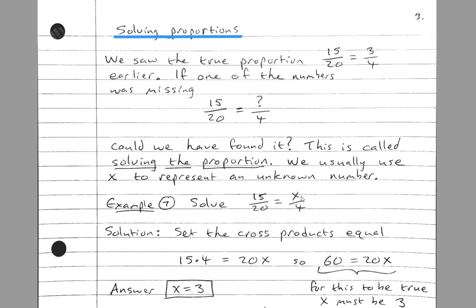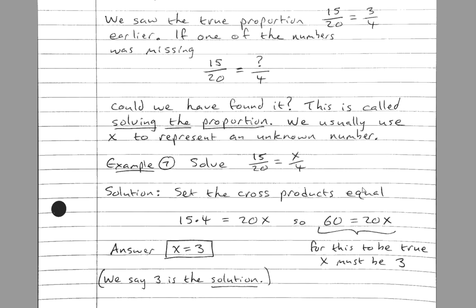So what number does x have to be to make this true? How do you solve proportions? Well, we know for this proportion to be true, the cross products have to be equal. And it's really if and only if. So if we can make the cross products equal, then we'll have a true proportion.